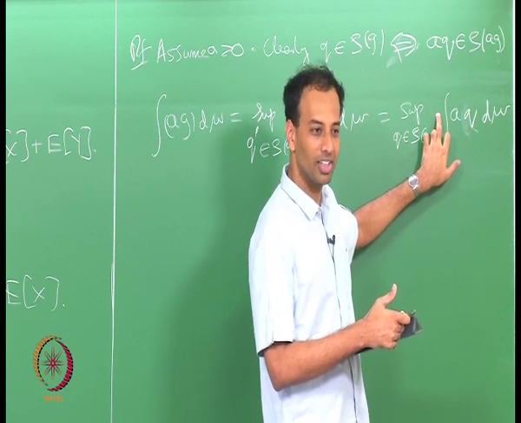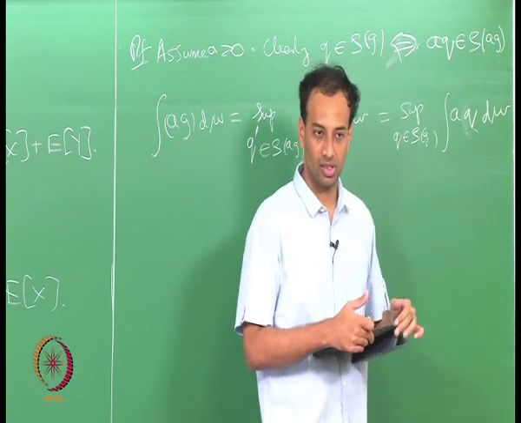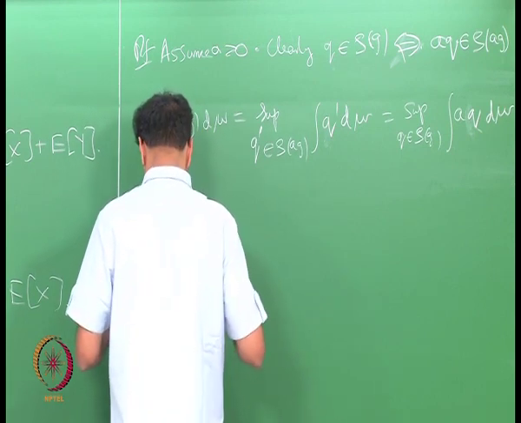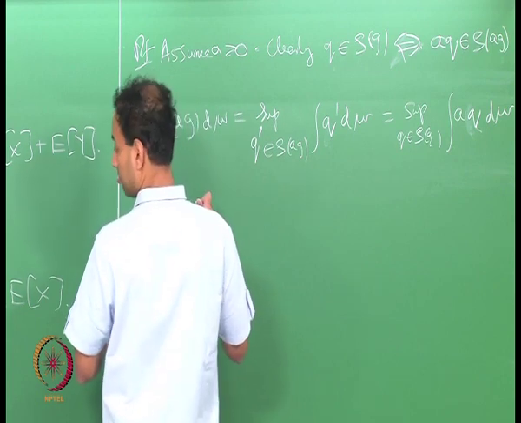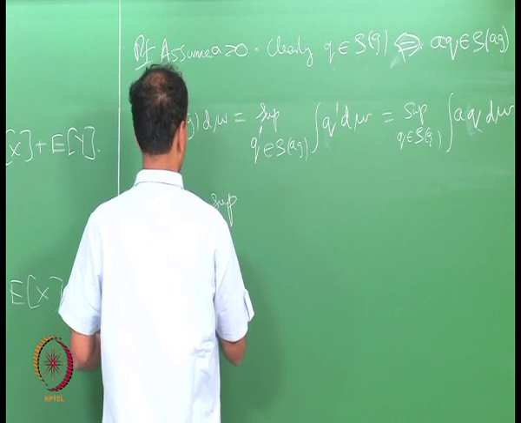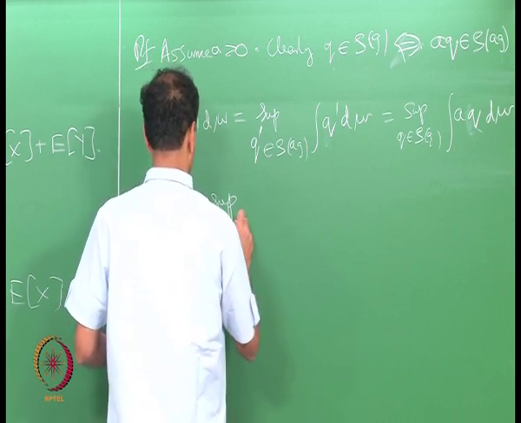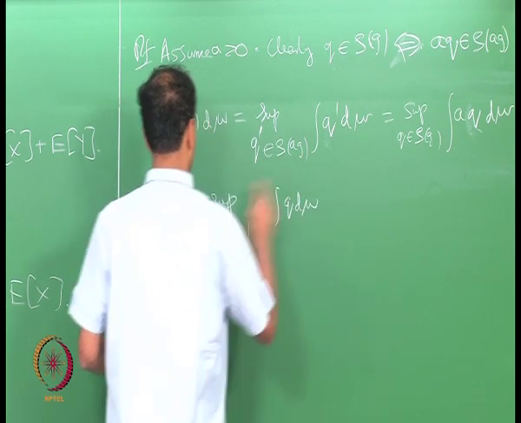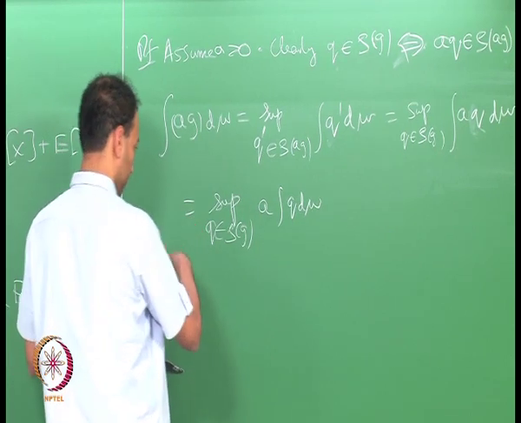Since a is non-negative, I can bring it out here too. So, that is equal to the supremum over q belonging to S of g of a times the integral of q d mu. This is because q is simple.